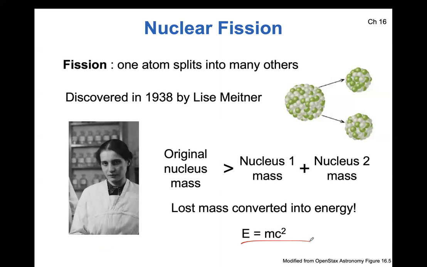Simple to work with, simple to calculate, where m refers to the loss of mass, the mass that was in the bigger original nucleus and now no longer exists within the sum of the products. Sorry, I misspoke. E is the energy that's released, c is the speed of light, and m is the change in mass.